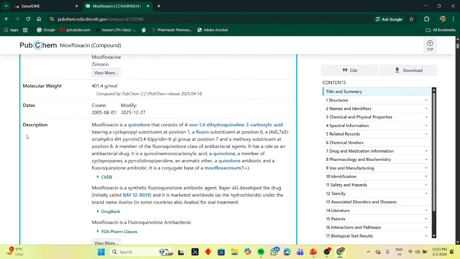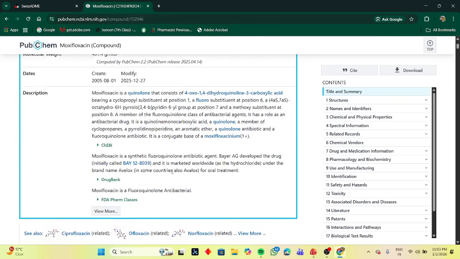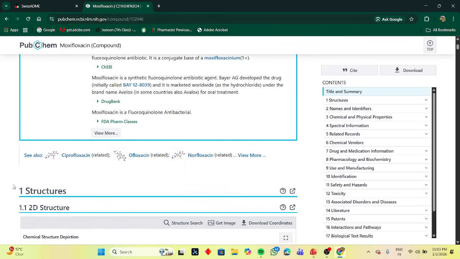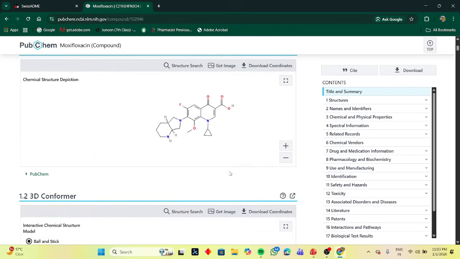Then the description: moxifloxacin is of the fluoroquinolone class. The reference compounds are also given, like other derivatives of fluoroquinolone: ciprofloxacin, ofloxacin, norfloxacin. So this is the 2D representation of your moxifloxacin.